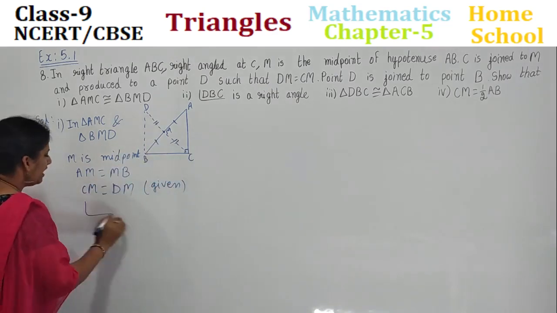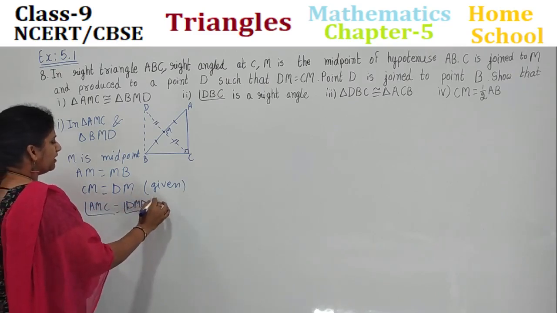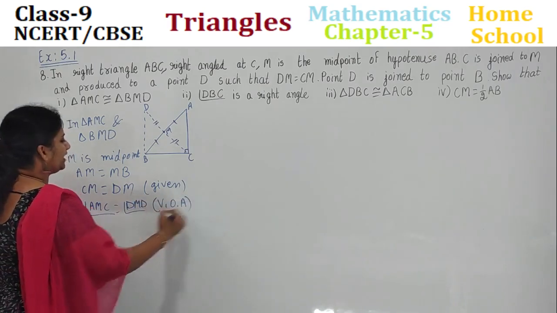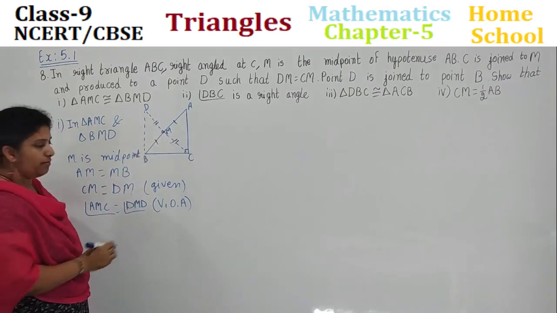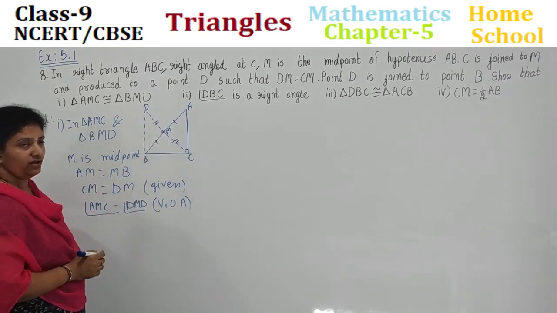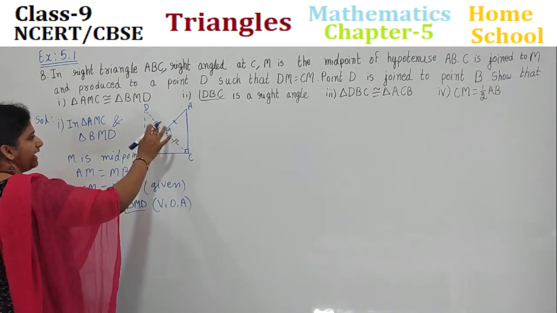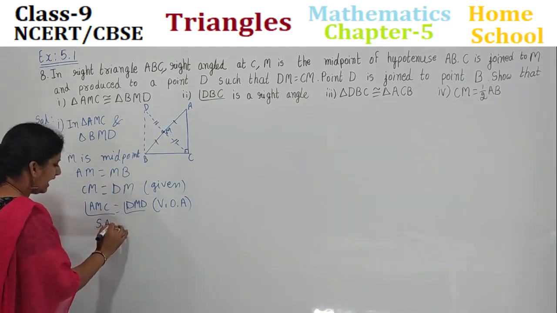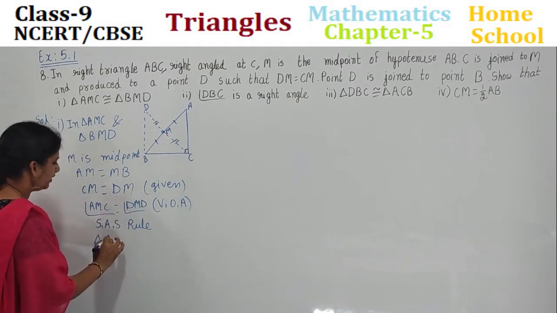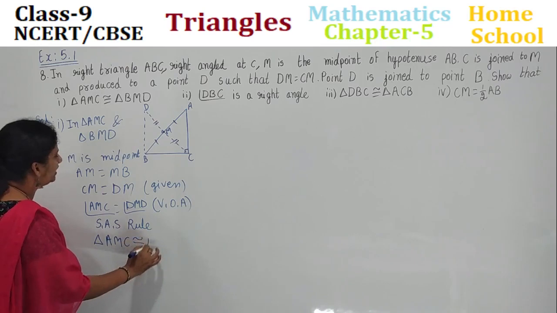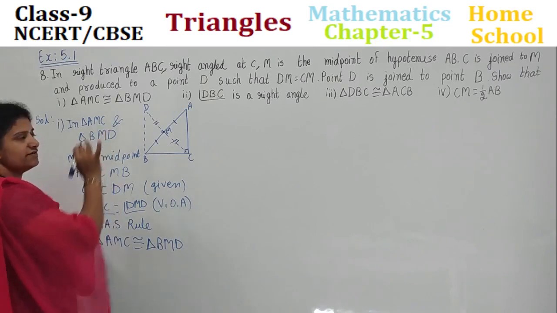Next point, angle AMC is equal to angle DMB. How can you say this angle is equal? By vertically opposite angles. If these two angles are equal, what can I say? By side, angle, side, SAS rule, I say that the two triangles are congruent. Triangle AMC is congruent to triangle BMD. Okay, this is the proof for the first case.